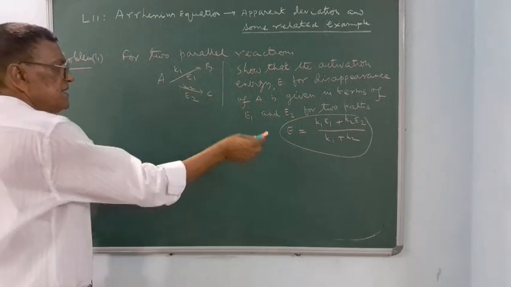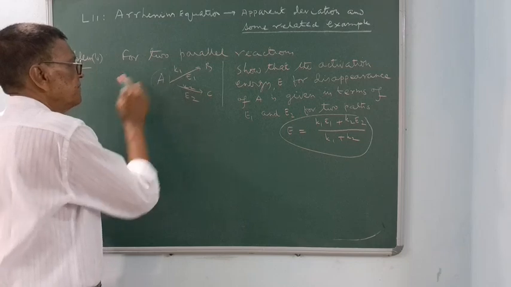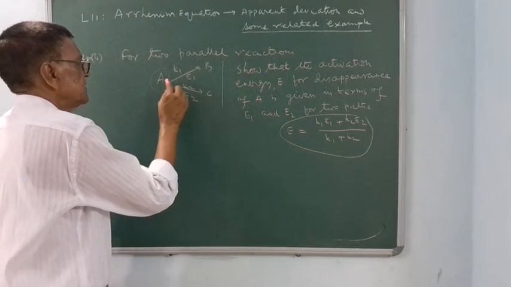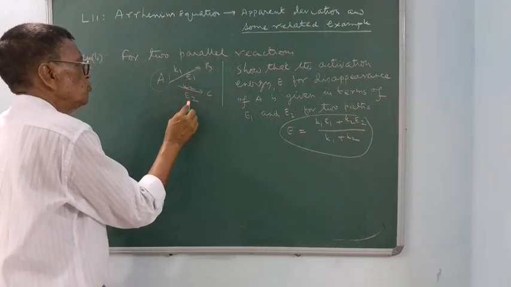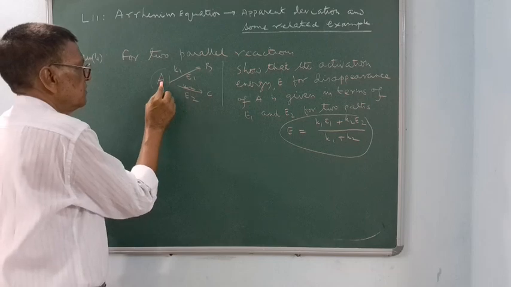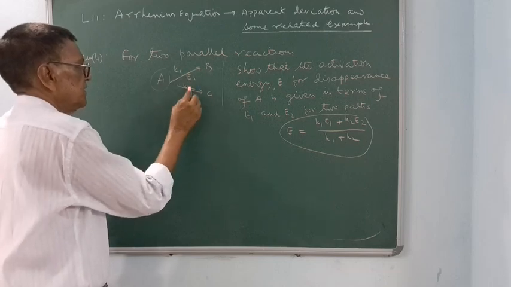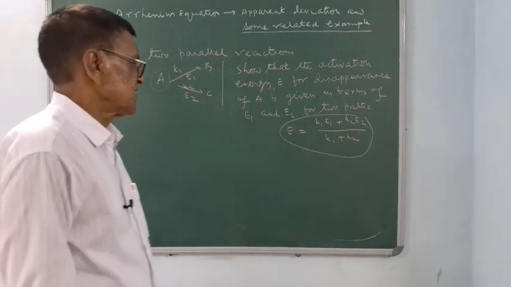E is the activation energy for the disappearance of A, E1 is the activation energy for the step A to B, and E2 is the activation energy for A to C, with K1, K2 their respective rate constants.